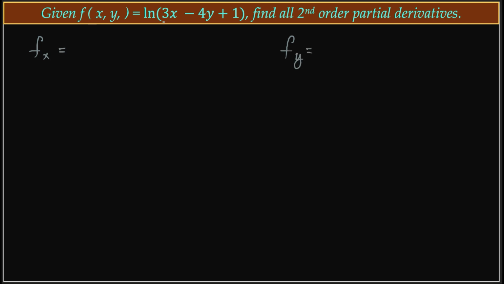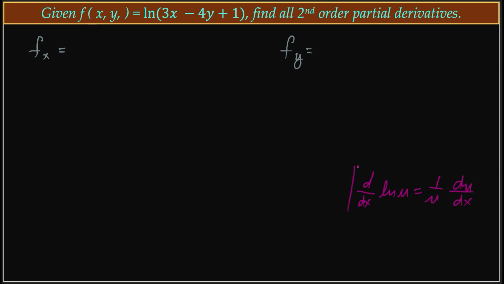So f sub x is equal to the ln of u. What is the derivative of ln of u? I will write here at the bottom, in a different color maybe. What is the derivative with respect to x of ln of u? That is 1 over u du dx.